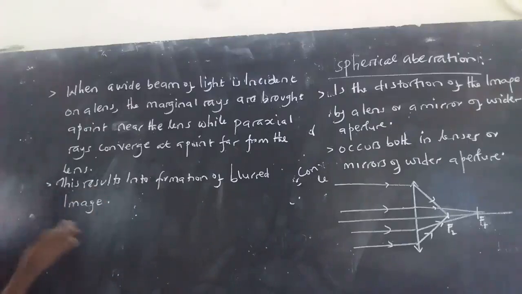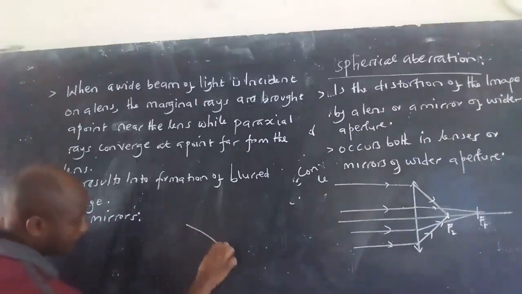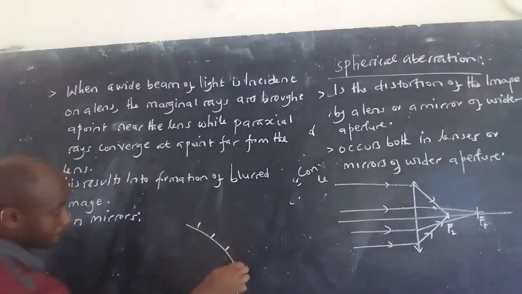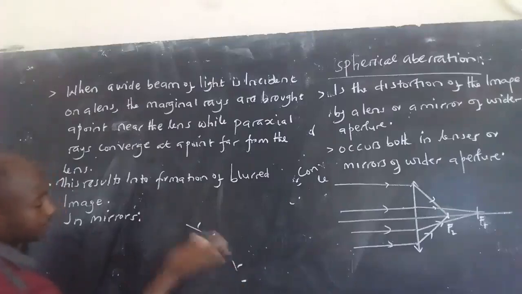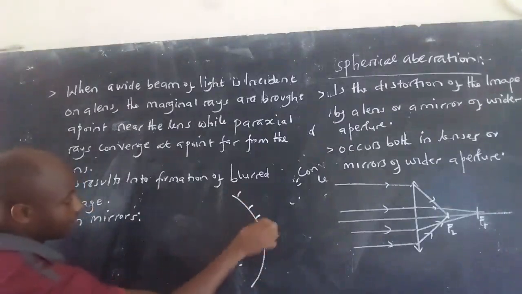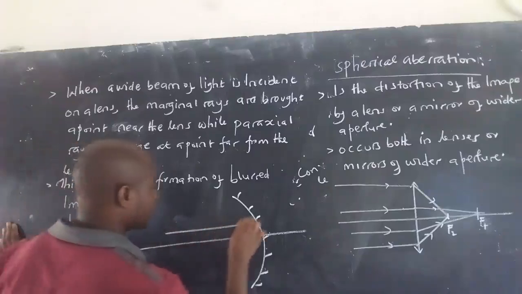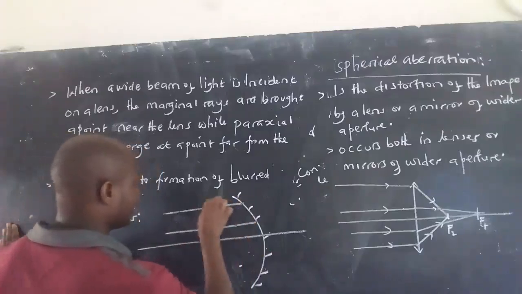For the case of spherical mirrors, in curved mirrors, we shall have something like this. Let me put it here like this, in curved mirrors, principal axis. So we have paraxial rays and marginal rays.